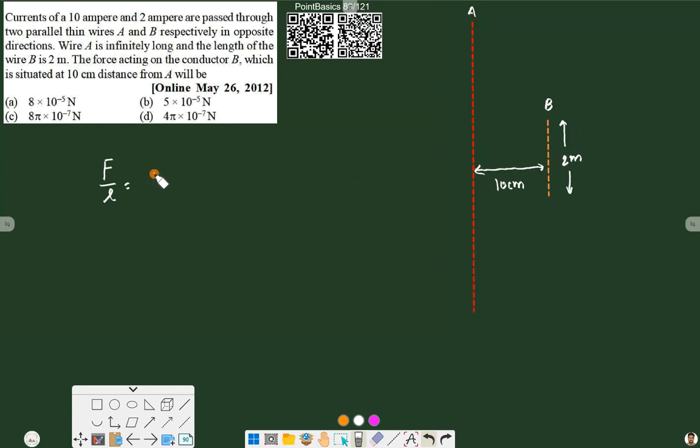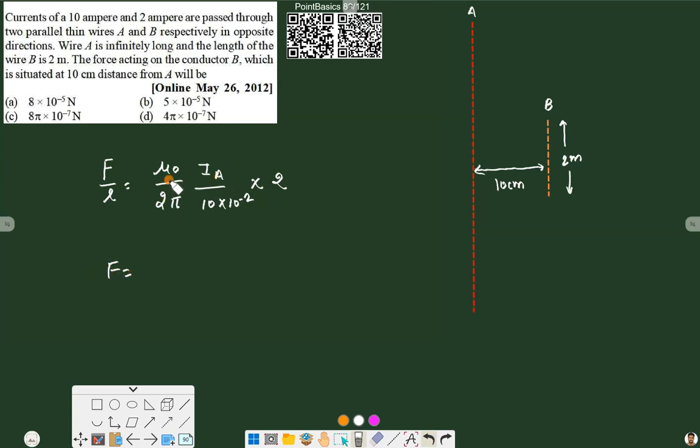So the magnetic field of A is mu naught by 2 pi into the current flowing in A divided by the distance, that is 10 centimeter, so 10 into 10 raised to power minus 2, multiplied by the current of conductor B, that is 2 ampere. It does not matter whether we take 10 or 2 first, because both are there.